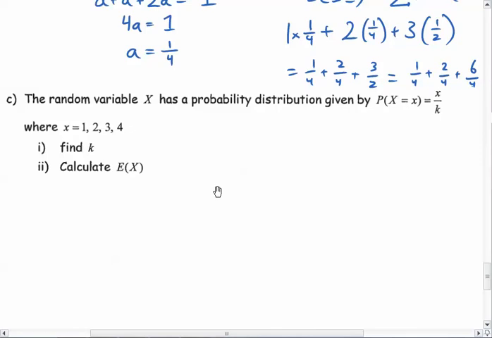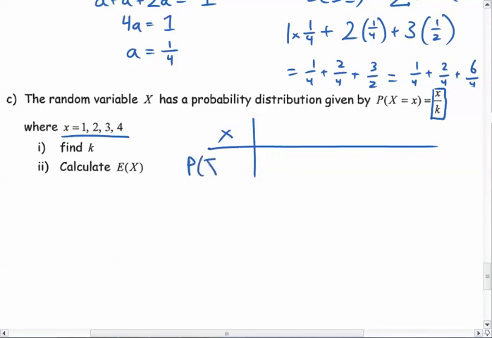Now for question C, the random variable x has a probability distribution given by this formula here. And x has these 4 possibilities. So I'm going to write a table of my x versus p of x equals x. So my x can be 1, 2, 3, or 4.